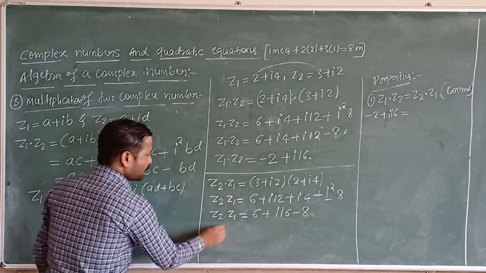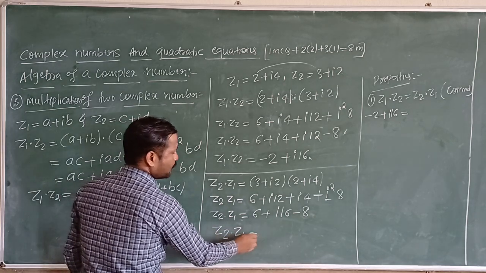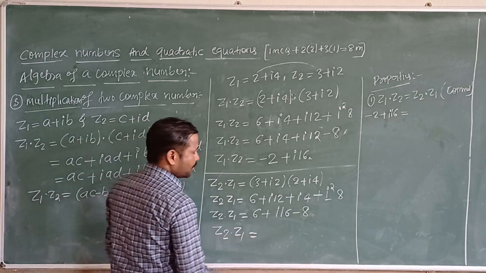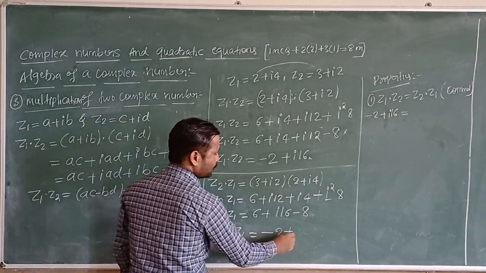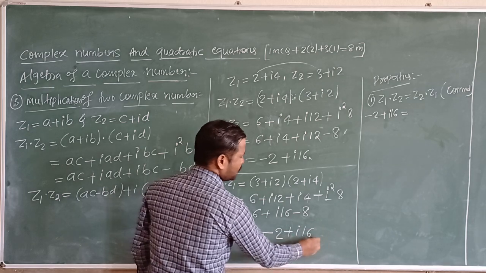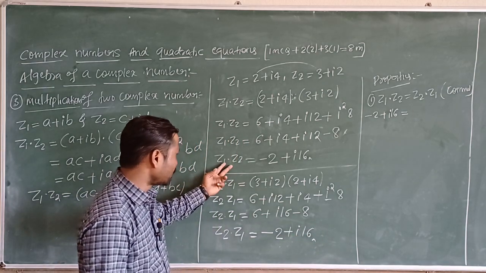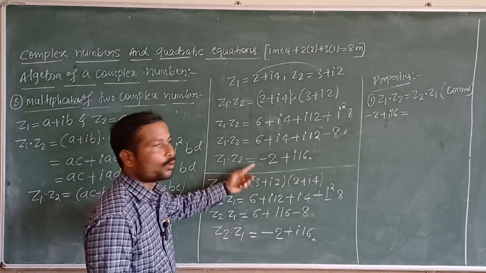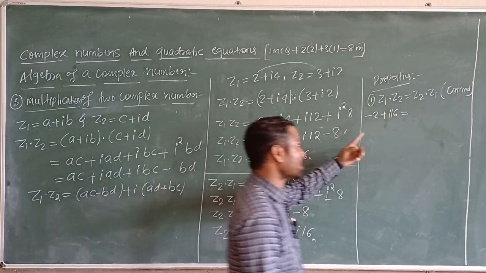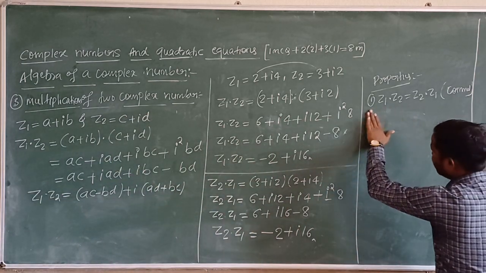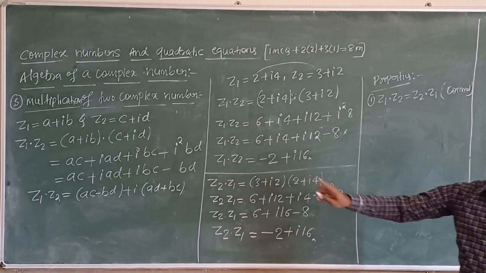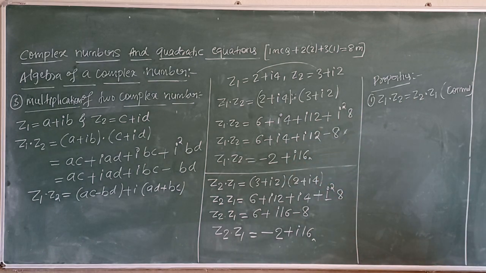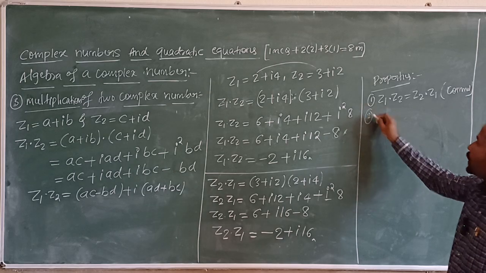That is Z2 into Z1 is equal to 6 minus 8, minus 2, real part, plus I16. Check: Z1 into Z2 answer and Z2 into Z1 answer are both the same, correct. So what did I understand? The commutative property is satisfied under multiplication of two complex numbers. That means this property is satisfied for any complex numbers, no worry. Right.